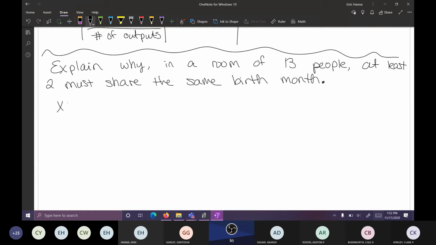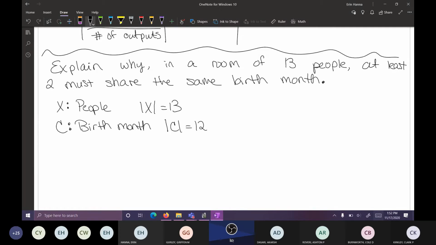Well, if you think about a function, say our set of inputs is the set of people. So we have 13 people. And say our outputs are birth months. The number of months in a year is 12. So by the pigeonhole principle, because there are more inputs than outputs, 13 people but only 12 birth months, at least 2 people must share the same birth month.